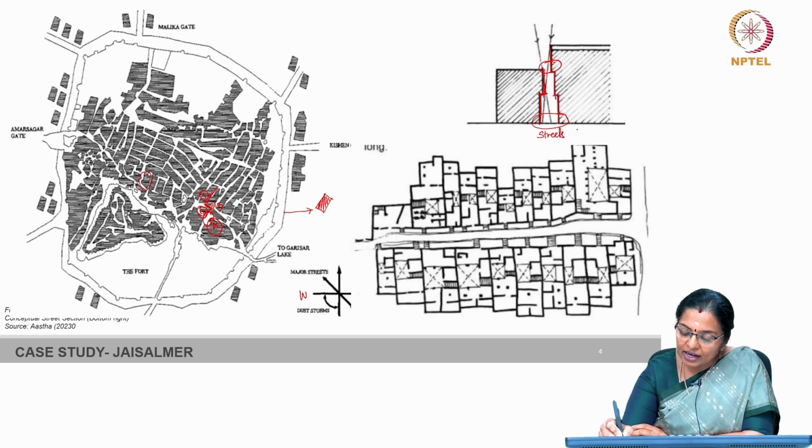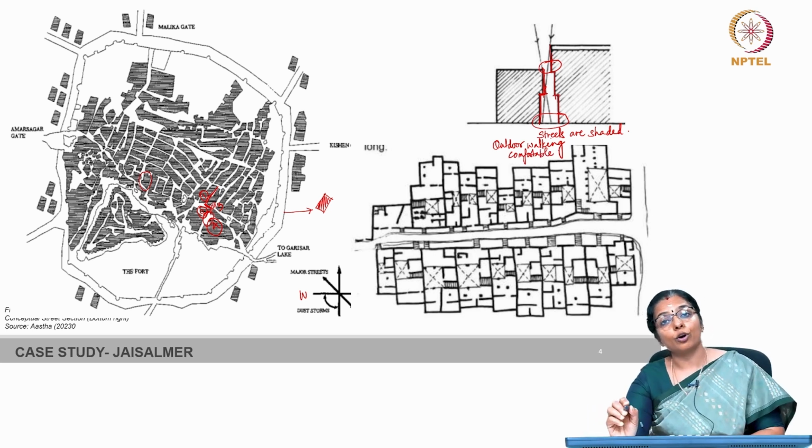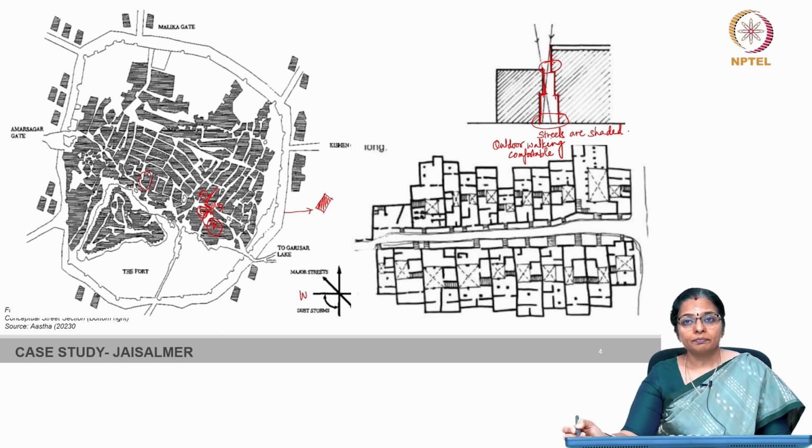So, streets are shaded for most parts of the year, making outdoor walking comfortable. So, outdoor walking and activities become comfortable, and this is very important in a place like Jaisalmer where the outdoor temperatures can rise up to even 48 degrees centigrade.